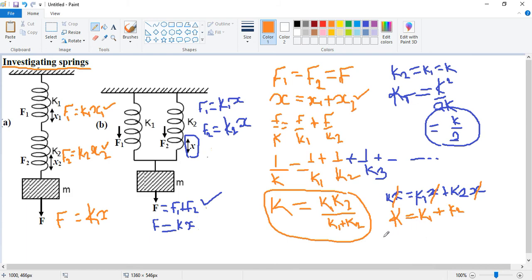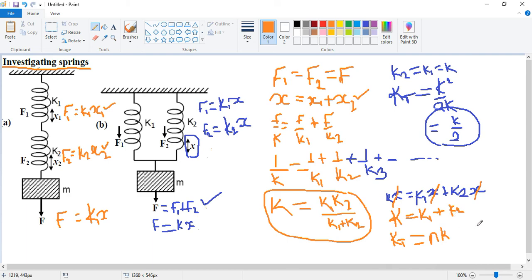If the springs are identical, each with spring constant K, then the total spring constant Kt, if there are n springs, is n times K. Here there were 2, so it will be 2K.